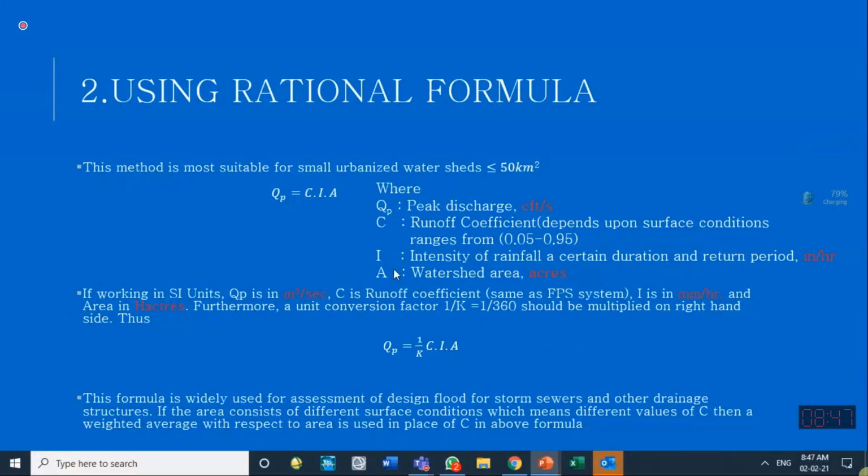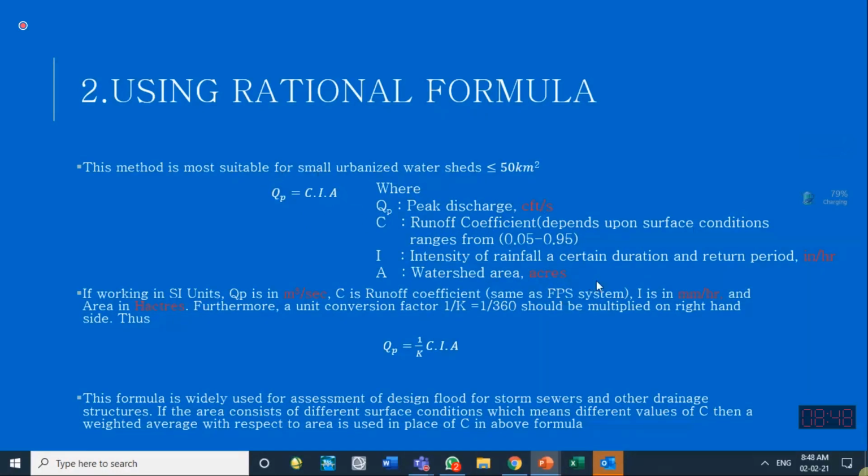So we select an intensity of the rainfall. C is dependent upon the condition of the watershed. A is the watershed area. And keep in mind, previously I think we did not discuss, this formula is very much unit specific. This is an empirical formula. I is in inch per hour, not in any other unit, and area is in acres, not in miles square or feet square.